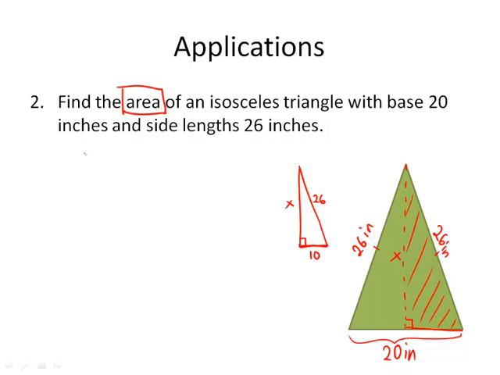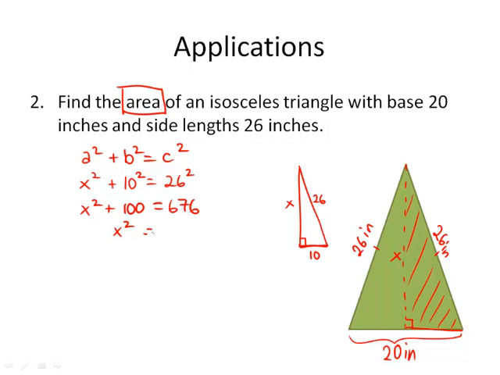Now we can consider our a squared plus b squared is c squared formula. As discussed previously, if we square the x and square the 10, we should get the same as the square of 26. So that tells us that x squared plus 100 should be 26 squared, which is 676.